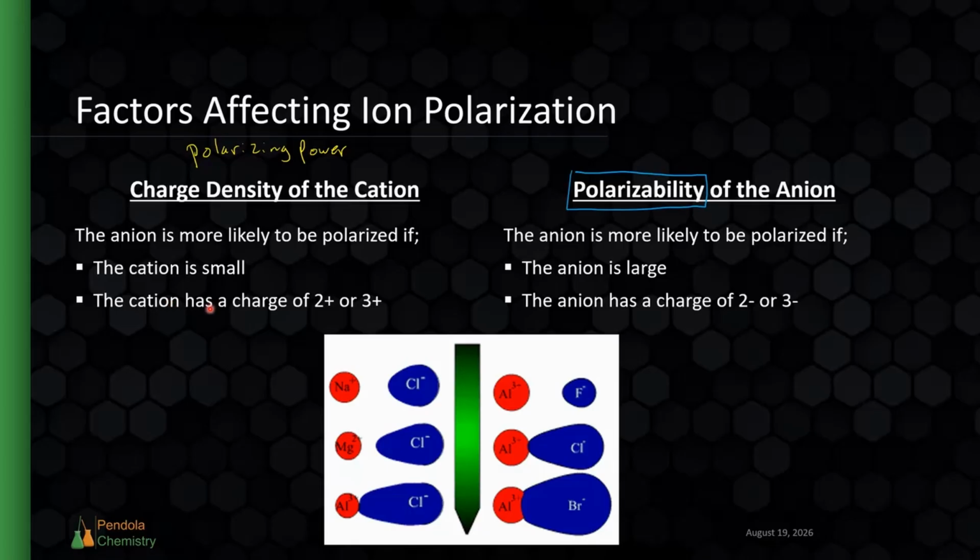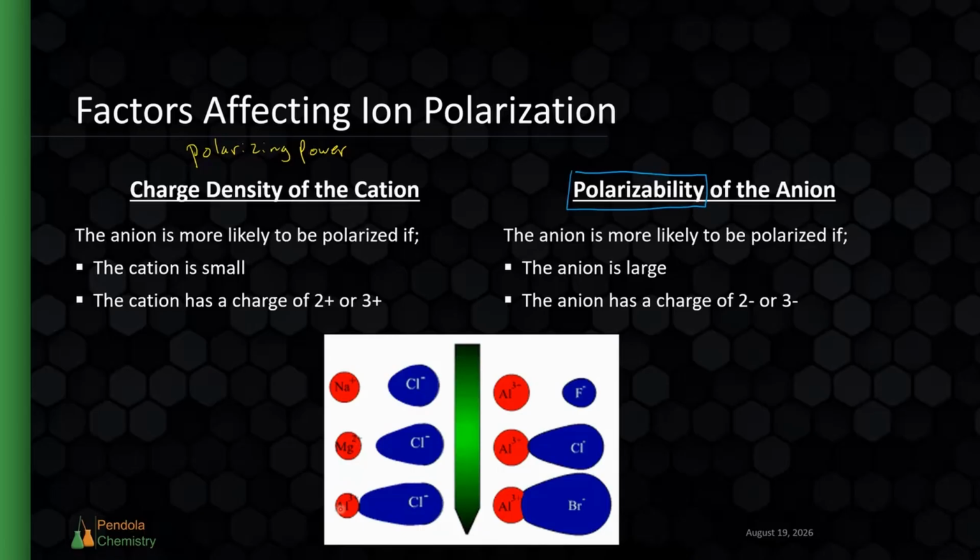If the cation has a large charge, like +2 or +3, that will also affect its polarizing power. So the higher the charge, the more polarizing power a cation has, and the smaller the ion, the more polarizing power it has. So let's take, for example, sodium chloride, magnesium chloride, and aluminum chloride.